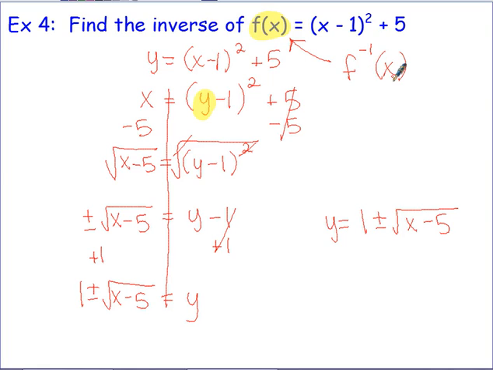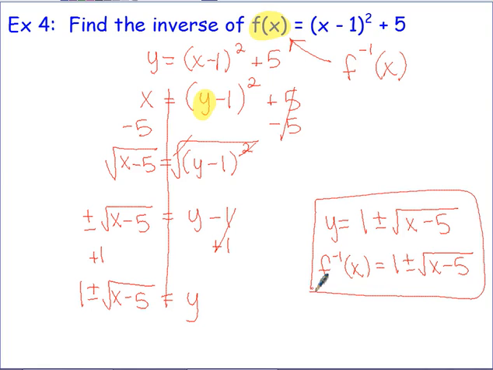So I could write this equation as f inverse of x equals 1 plus or minus the square root of x minus 5. Yes, this is important. Yes, you might see it in your homework and in your test, so I want you to be familiar with that notation. So let's try one last example.